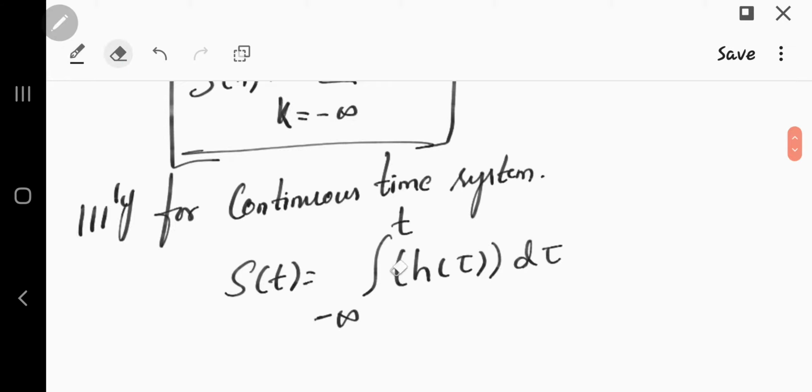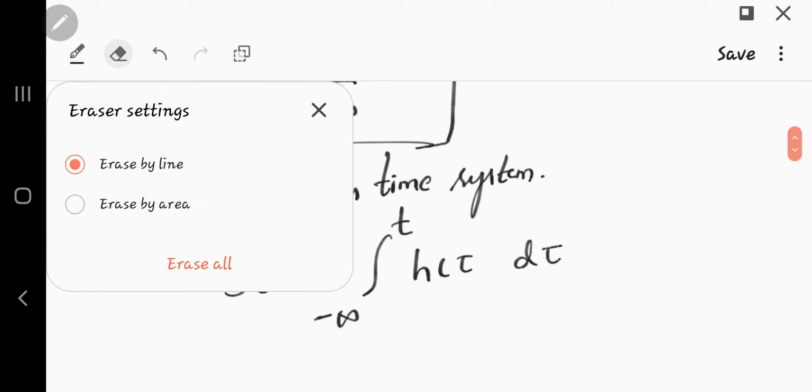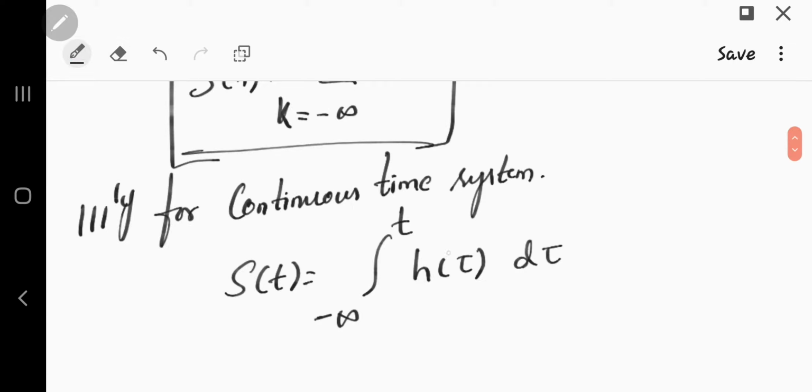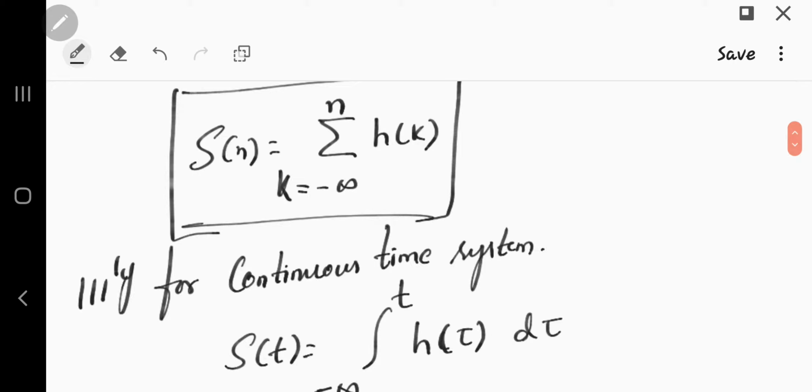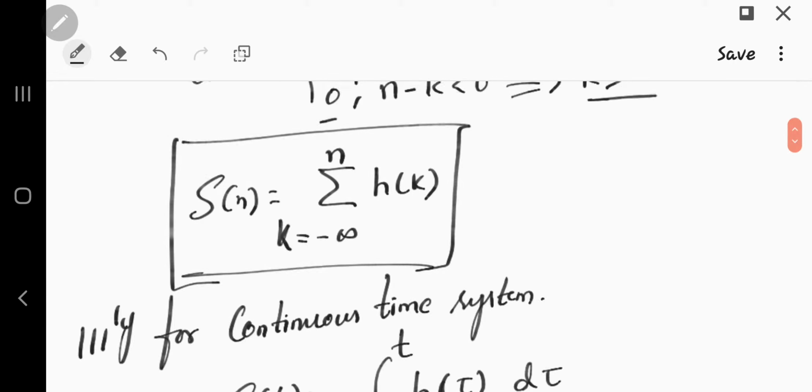So this is the expression for the continuous time system, and this is the expression for the discrete time system. This is how we represent step response.